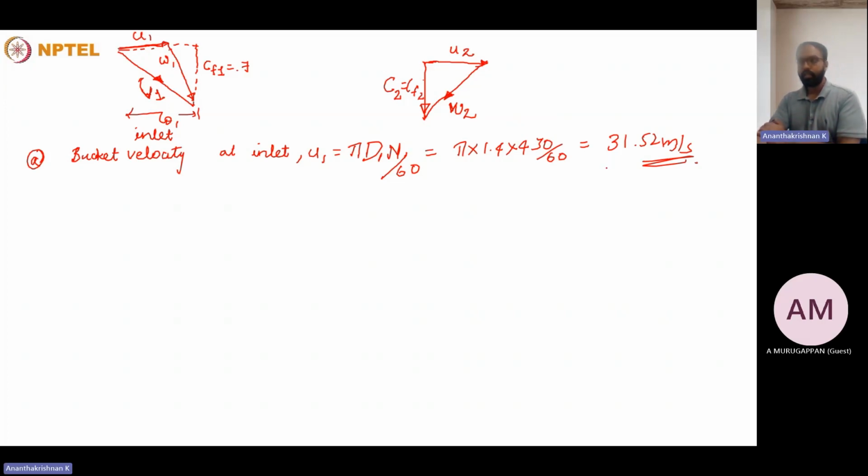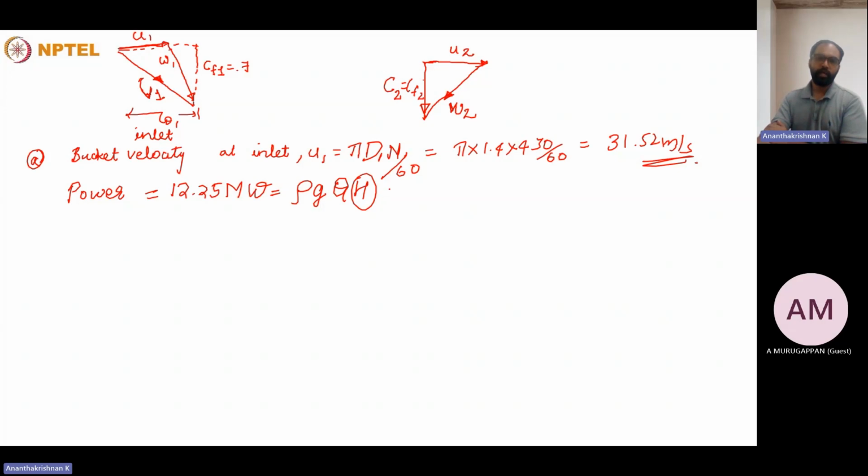The power developed by the turbine is given as 12.25 megawatt. So that will be equal to rho g into Q into H. Since this flow is considered to be swirl free at the outlet, we can write the head as the product of the whirl velocity component at the inlet and the bucket velocity at the inlet.